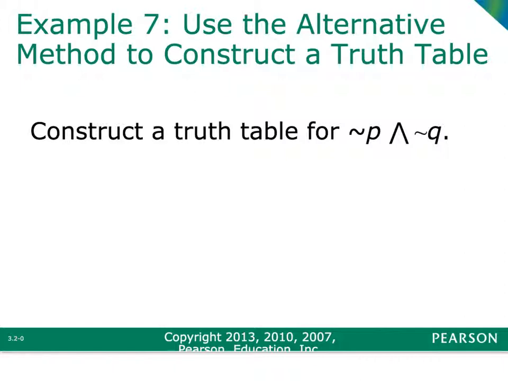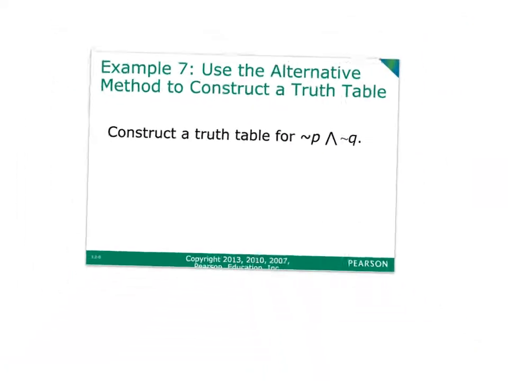Here's another example, if you want to see another one. The negation of P and the negation of Q. So again, you're going to want to start it off the same way. You're going to look and see how many statements have been made. There's 2 statements listed. There's statement P and there's statement Q. So I'm going to start with that. I'm going to scoot this up a little bit.